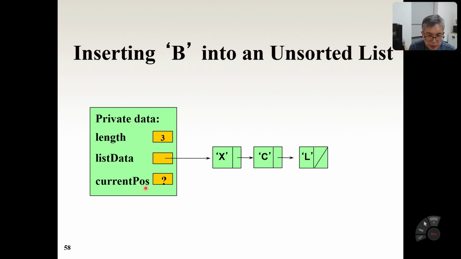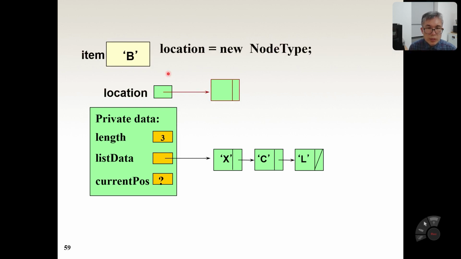The current position doesn't do anything, because list data is a pointer. This is not an index, because the memory of these nodes is not contiguous, so they may not be close to each other. Okay, so now we want to add item B, right?